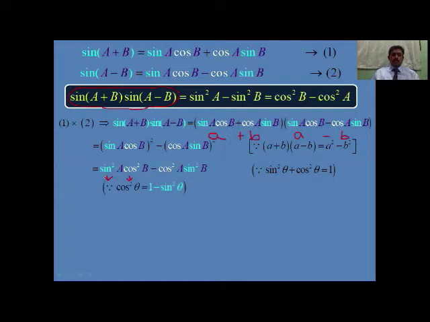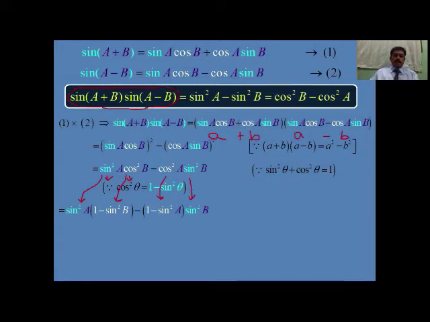So therefore, cos square can be replaced by 1 minus sin square theta. Sin square a, as it is, I have written, and this cos square b can be written as 1 minus sin square b, minus this cos square a can be written as 1 minus sin square a, into here sin square b.